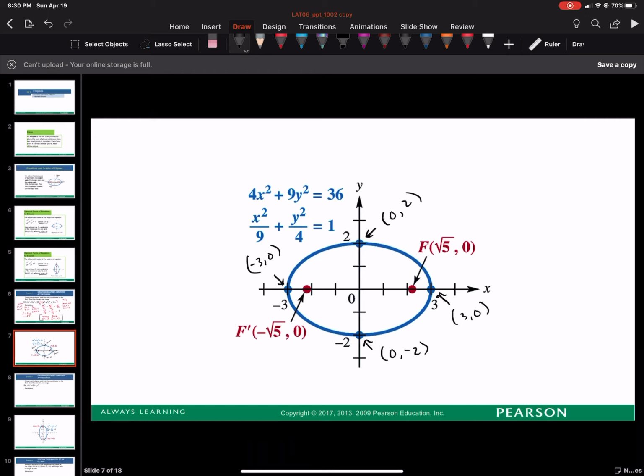They already wrote your 2 foci points. So just keep that in mind. To actually get credit for drawing this, you have to make sure you put all the points that you had to find. Now, if there's something up here that you don't recognize or you get confused about, let me know.